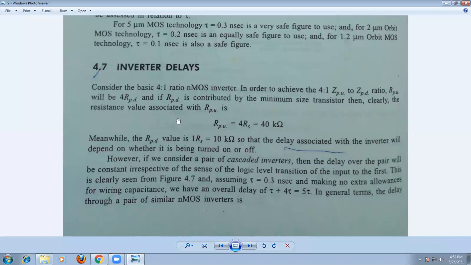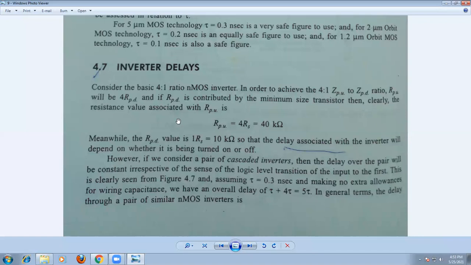the delay depends on whether the transistor is turned on or off. That means whether the transistor is in on condition or off condition.